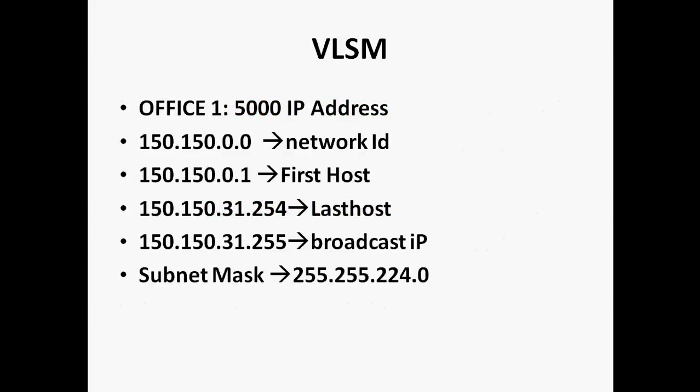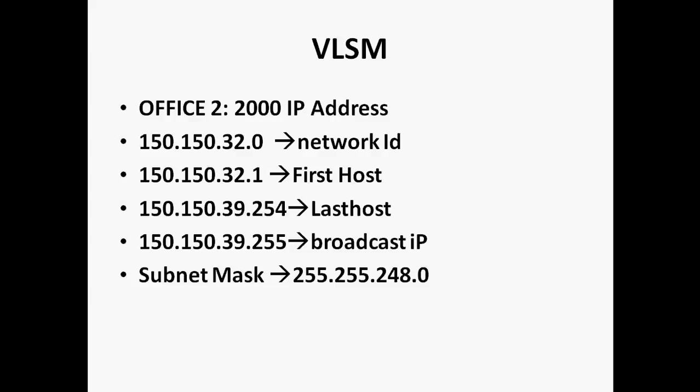So in Office 1, if you want 5000 IP addresses, the network ID should be 150.150.0.0, the first host should be 0.1, the last host should be 31.254, and the broadcast IP should be 31.255. So the subnet mask is 255.255.224.0. In Office 2, I need 2000 IP addresses.